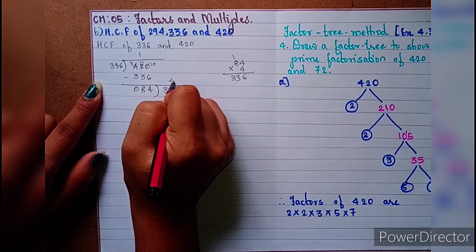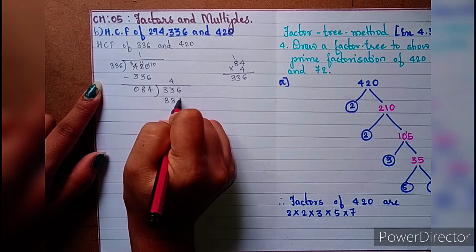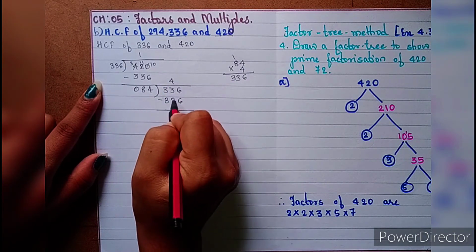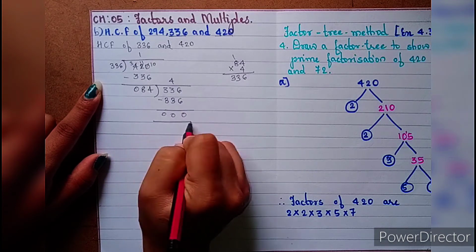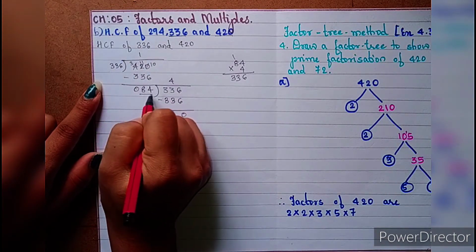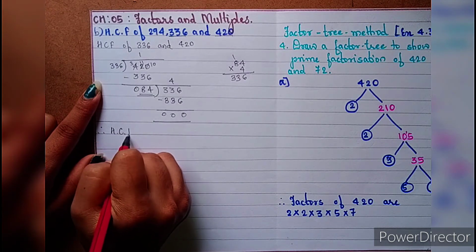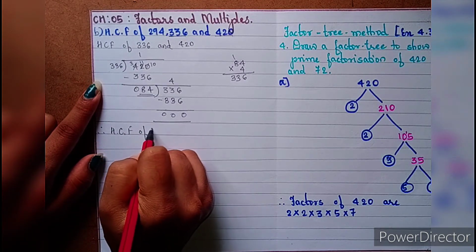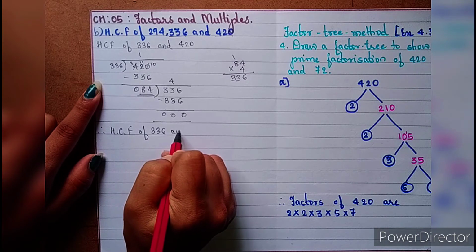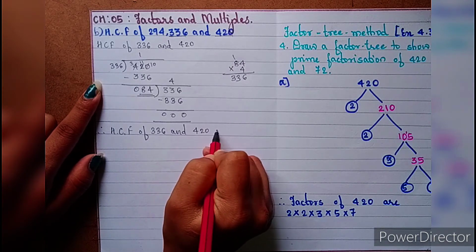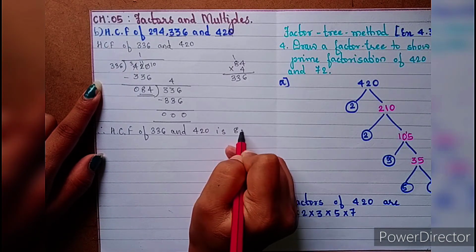So from 336 goes out, remains 0. So what HCF we have got? The HCF is 84. Therefore HCF of 336 and 420 is 84.